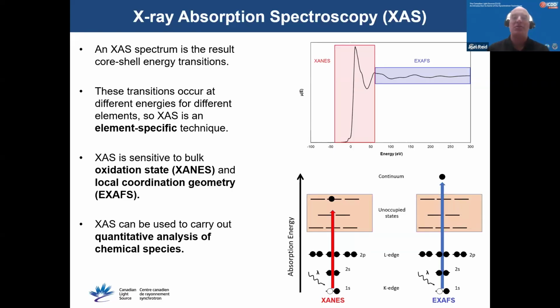The X-ray absorption spectrum is normally divided into two components: the near-edge portion, or the XANES, which is shown in red at the top right, and the fine structure above the edge, or the XAFS, which is shown in blue. We tend to predominantly use the XANES in the industry group, and these examples will focus on XANES.